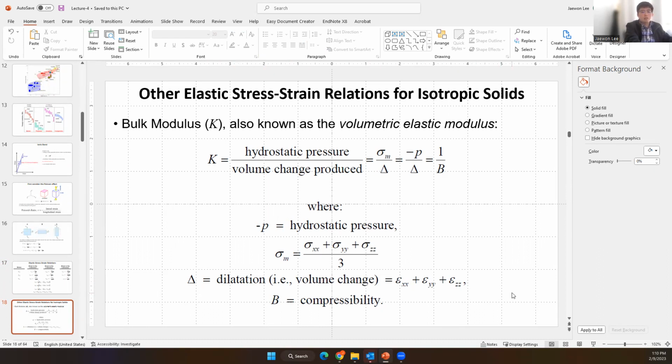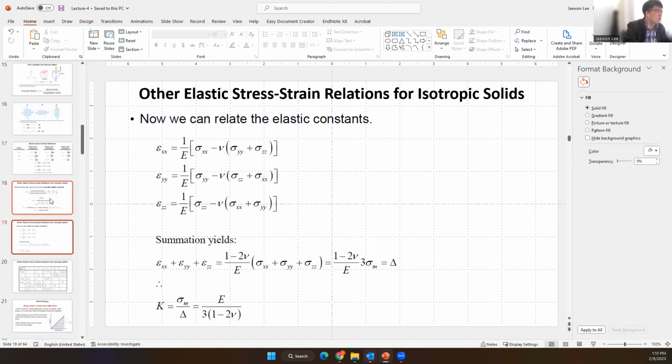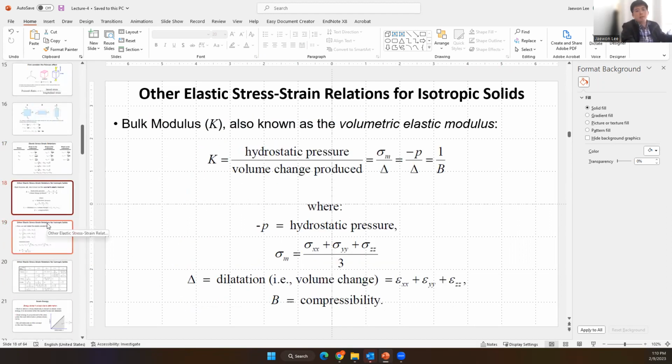If we consider the strain, we can easily calculate the volume change using these relations. Beta is the compressibility. So this is the definition of the volumetric elastic modulus.